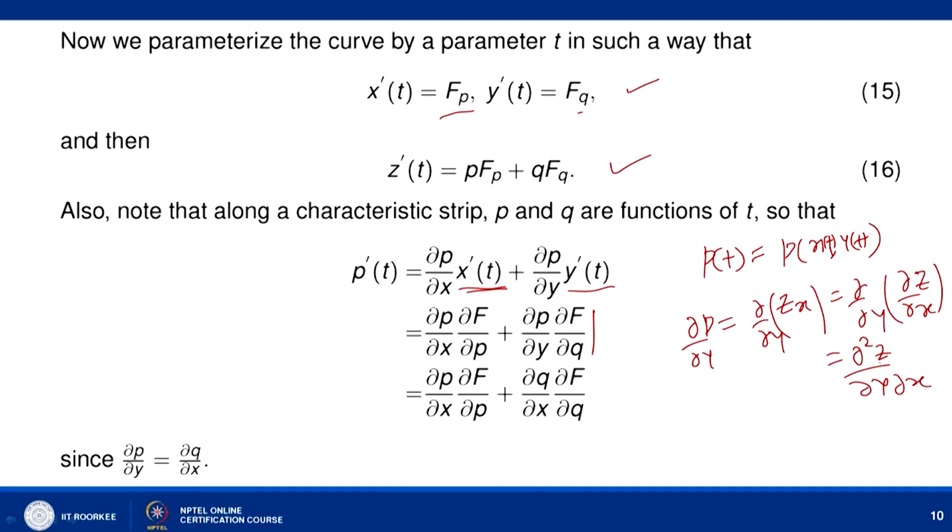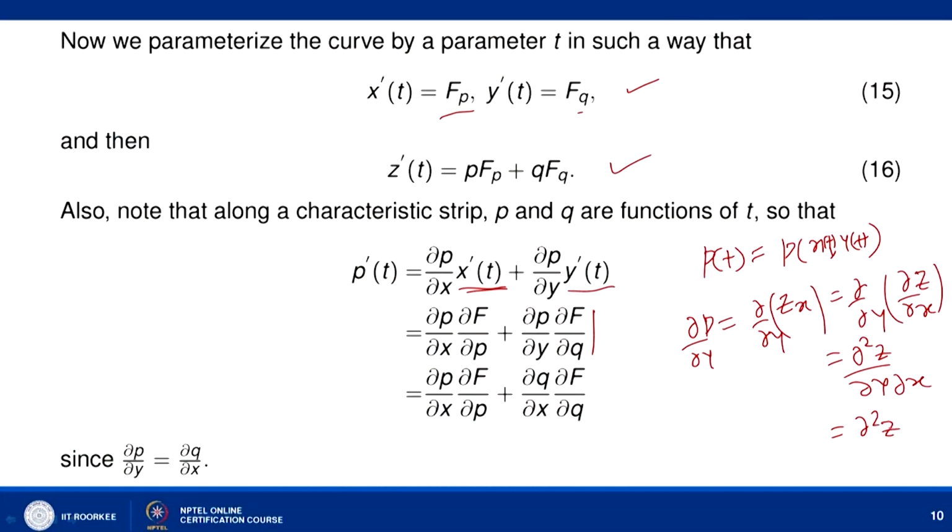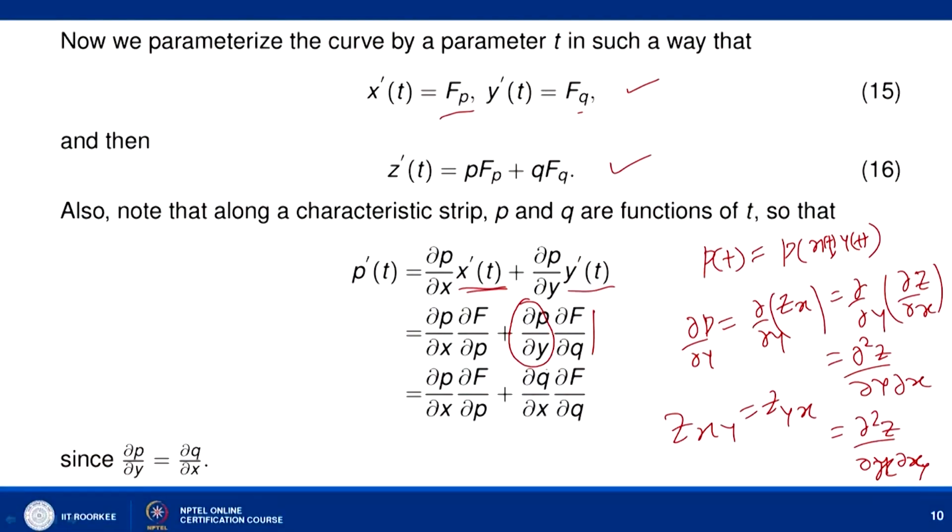Now, if I assume that z has second order continuous partial derivatives, then this is equal to del 2z by del x del y, or you can say that z_xy is equal to z_yx. So, here I am assuming that your surface is smooth enough. Assuming this, that z_xy equal to z_yx, we can write down p_y as q_x.